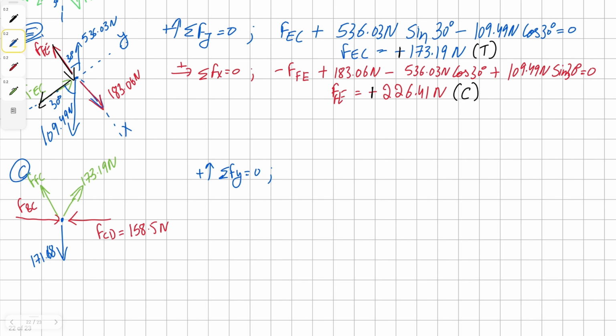To solve this, let's begin by summing the forces in y direction using our equilibrium equation. So it's going to be negative 171.68 plus vertical component of 173.19 Newton and vertical component of unknown force FC, all equals to 0.